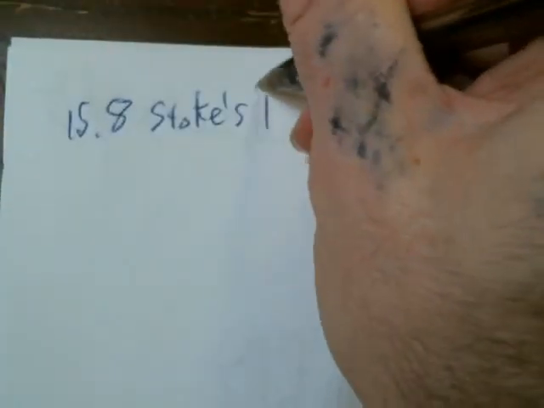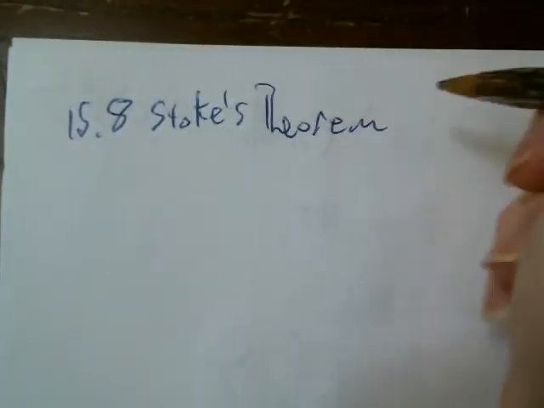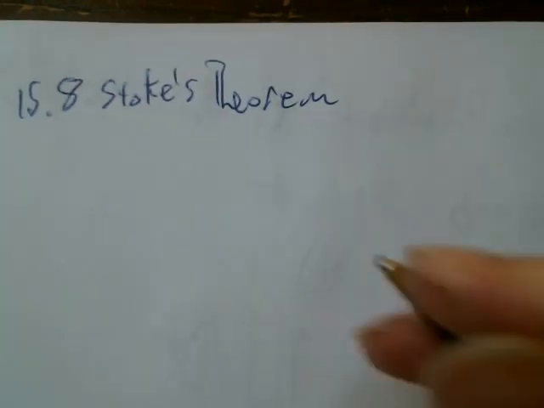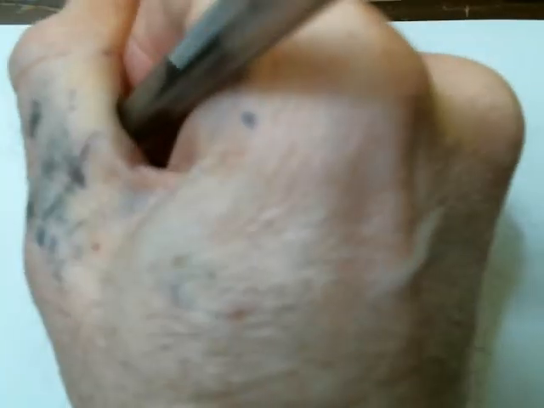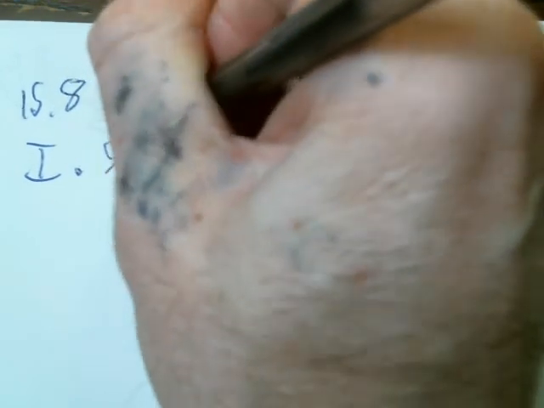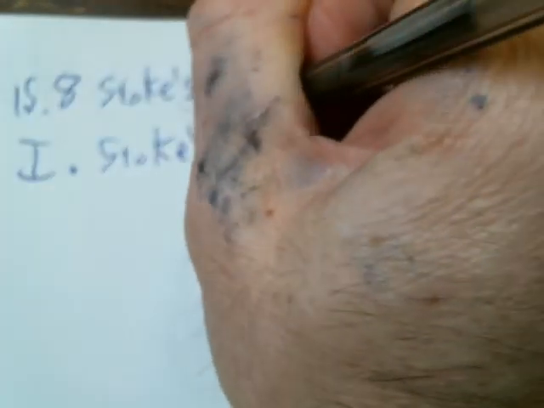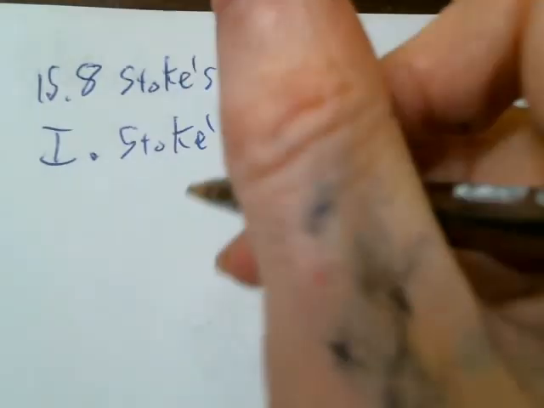Okay, welcome back. This is now Stokes' Theorem. And we can, again, just think of this as one step up from Green's theorem, the alternative form for Green's theorem.